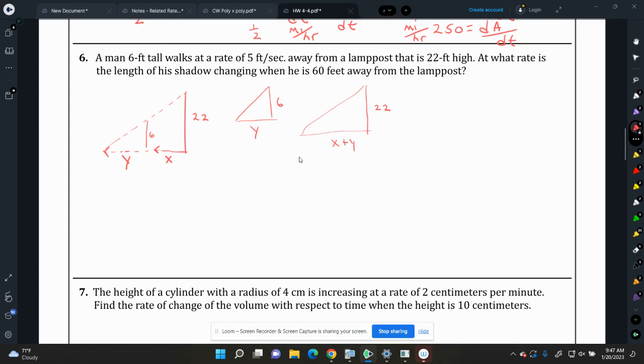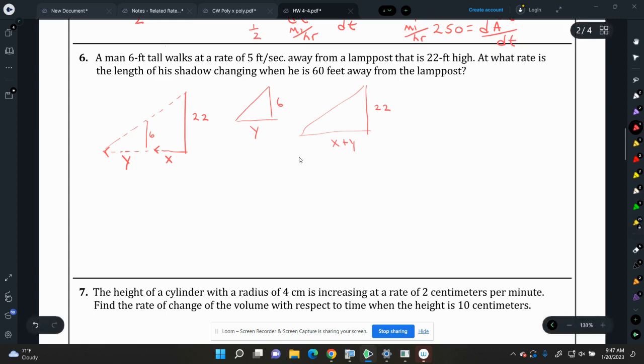Okay. Again, this is geometry. I have similar triangles here. So I can set up a ratio.